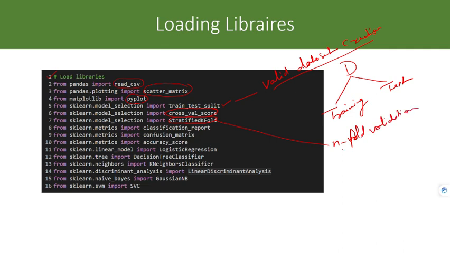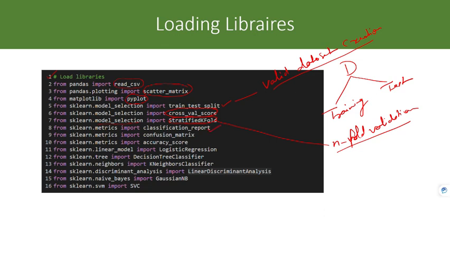If you are going to perform n-fold validation, you need to import these libraries. When you are selecting the model, you need to apply this stratified fold. It will help you use the function for n-fold validation. So you can complete 5-fold, 10-fold, 20-fold validation.